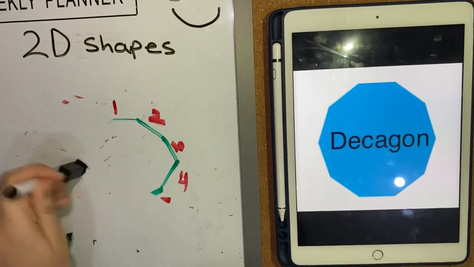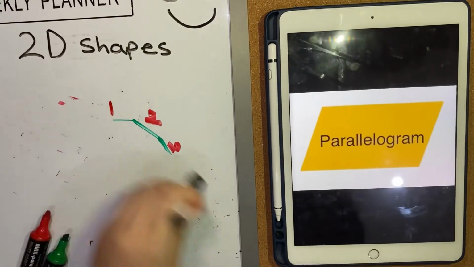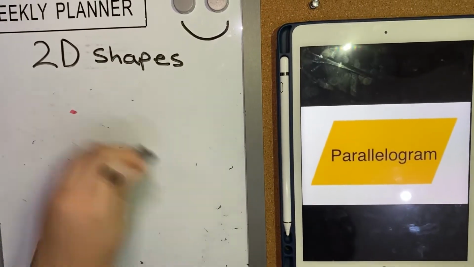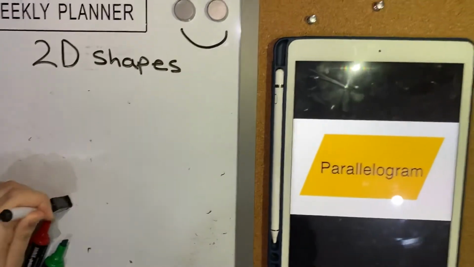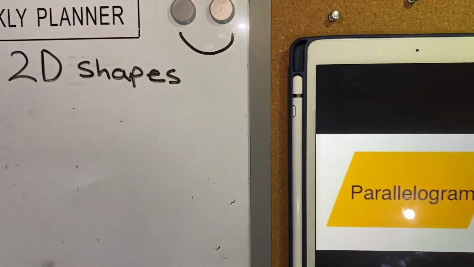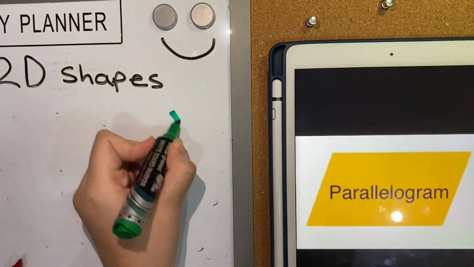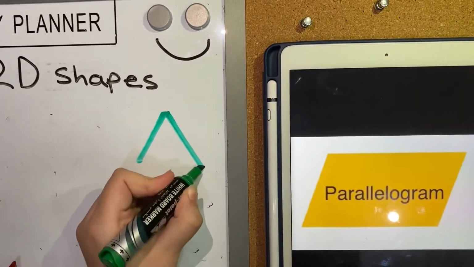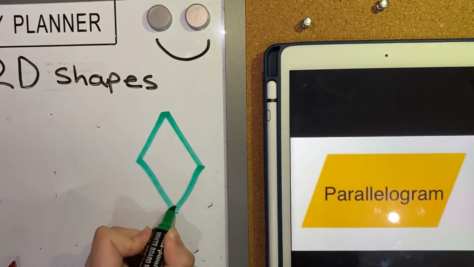Okay, so let's go for the next one. The next one is the parallelogram. I said before in the video, if you remember, that the rhombus, if you turn it, looks like a parallelogram.